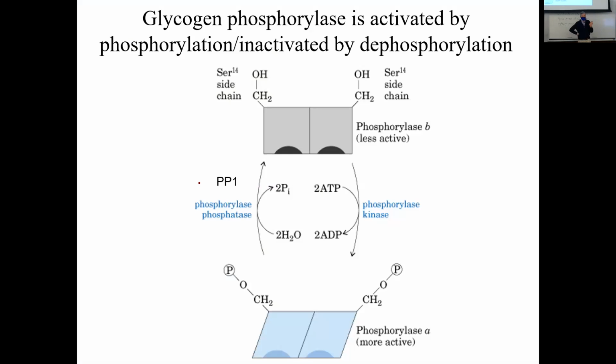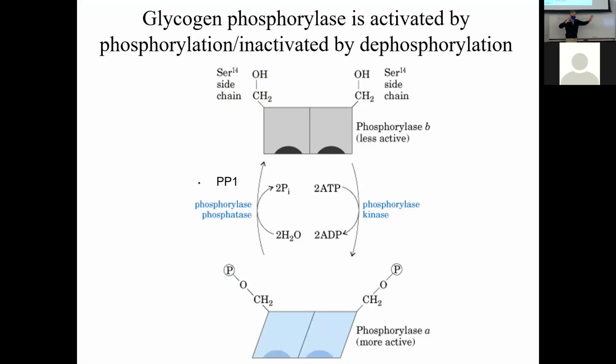This enzyme is coordinately regulated, so it is activated by glucagon or epinephrine, but it is going to be inhibited by, any guesses? It's going to be inactivated by insulin.